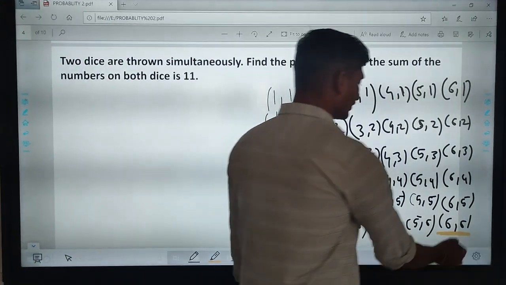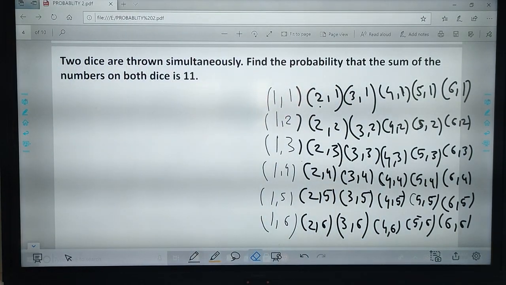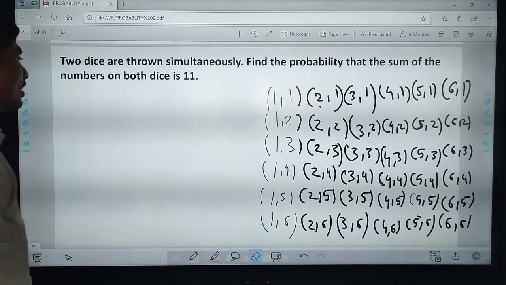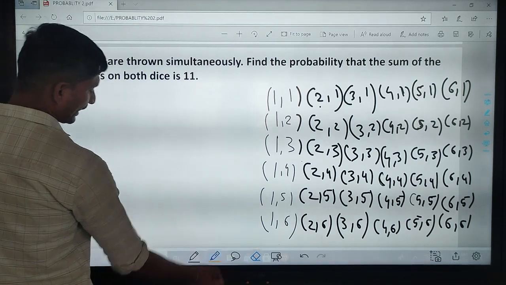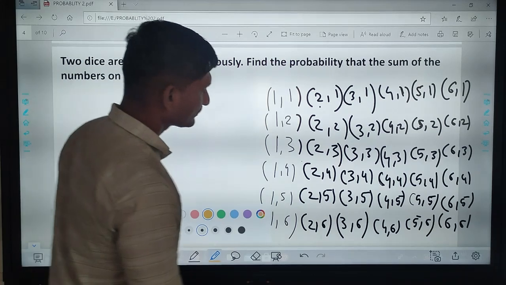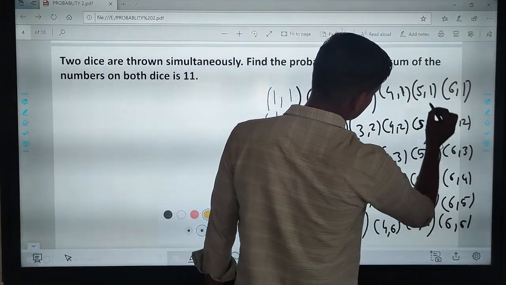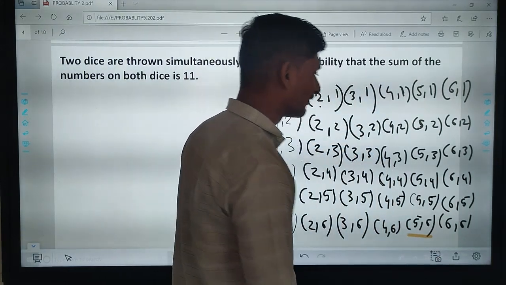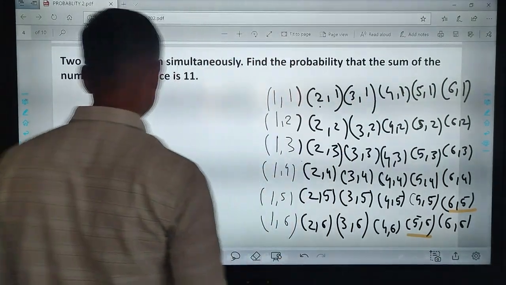Now here two dice are thrown simultaneously. Find the probability that the sum of the numbers on both dice is 11. We find the digits whose sum is 11. 5 plus 6 is 11, and 6 plus 5 is 11. There are two samples.